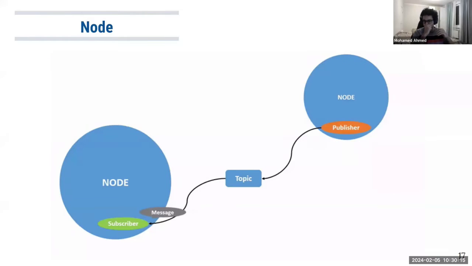For example, I have an image as input to this node, and first I need to crop it. This node just crops the image, and then it publishes the message of the cropped image through the topic. Then another node takes this cropped image and does some filter on it or anything. That's what the nodes are doing.